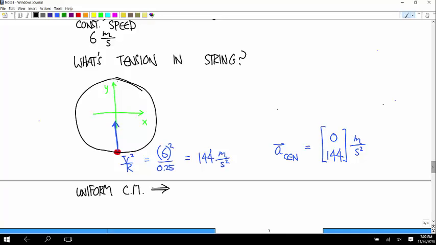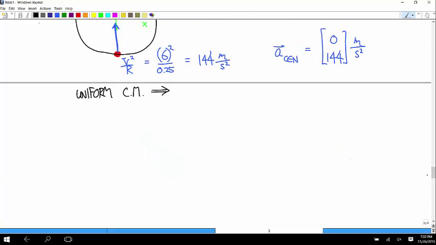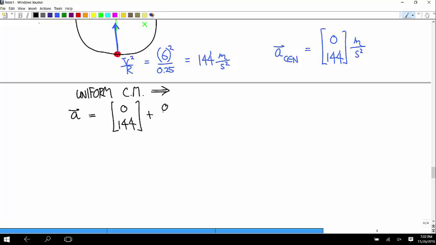And that means the total acceleration is 0, 144 plus 0. So 0, 144. And now we have the total acceleration.